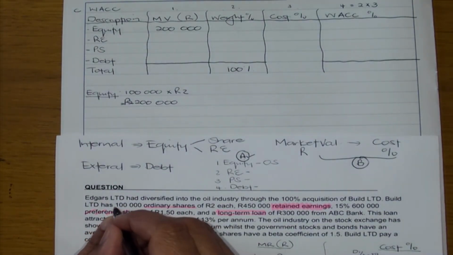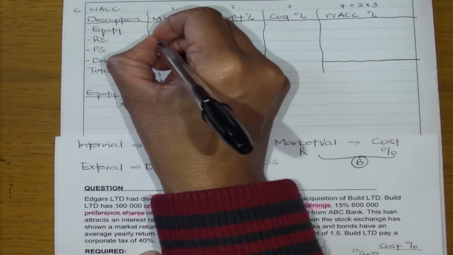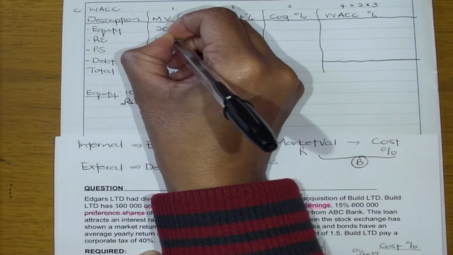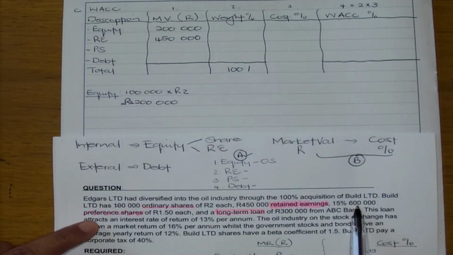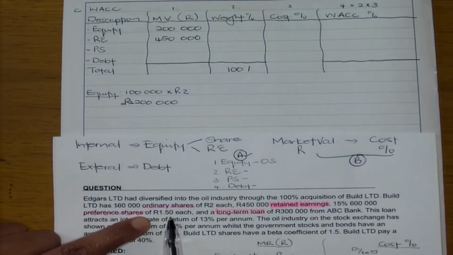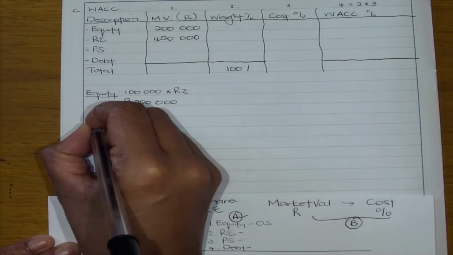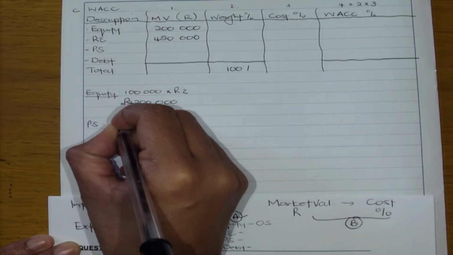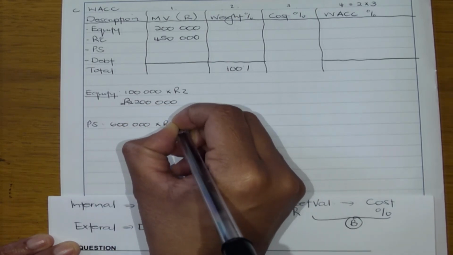So we're done with this one. Then it says 450 for retained earnings. Yeah, we just put in our 450. Then they say 600 shares of 1 Rand 50 each. So our preference shares also, we're speaking about 600 at 1 Rand 50 each.